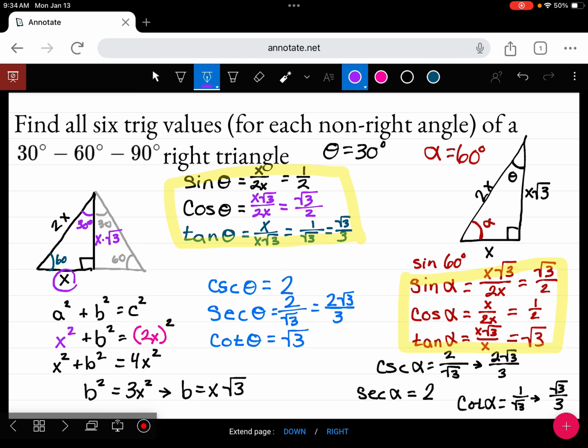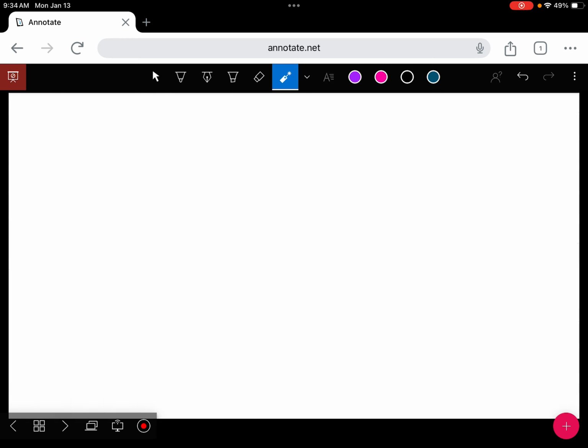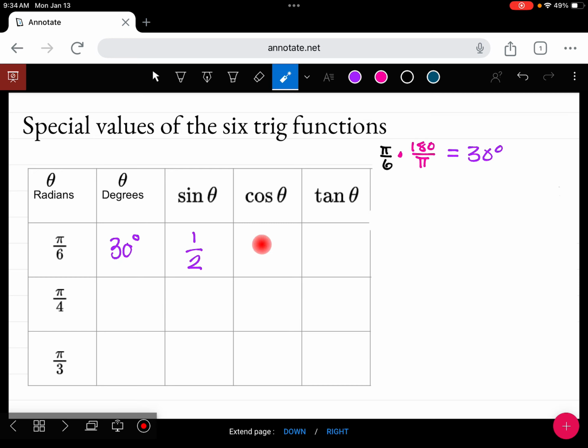Same triangle. So the cosine of 30 degrees is what? Theta is 30 degrees. Where's our cosine of 30 degrees? Square root of 3 over 2. So cosine of 30 degrees is square root of 3 over 2.